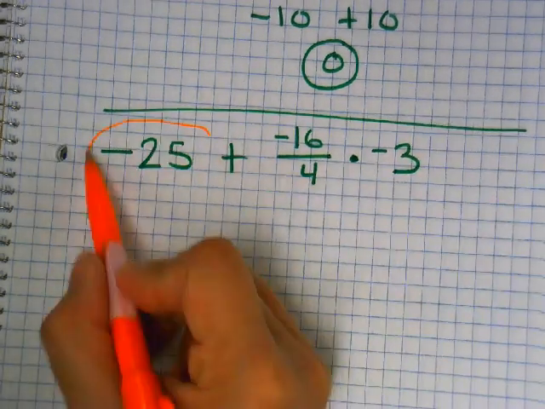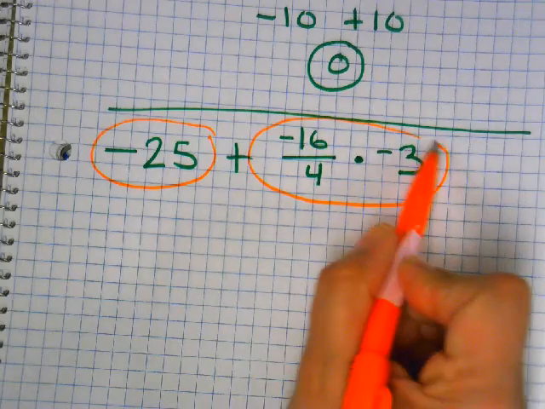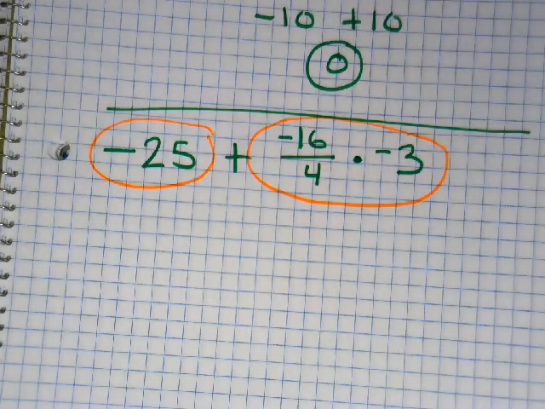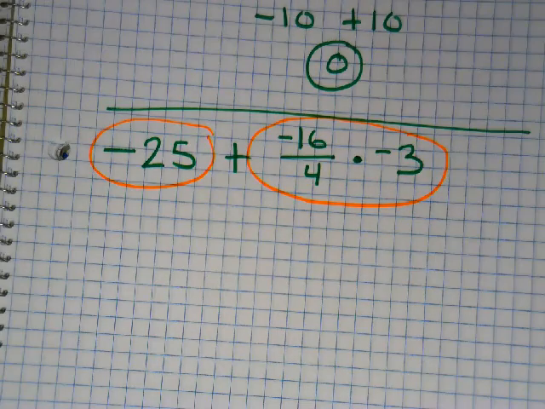Two terms. Keith, can you get to work? What would you do first? Division.